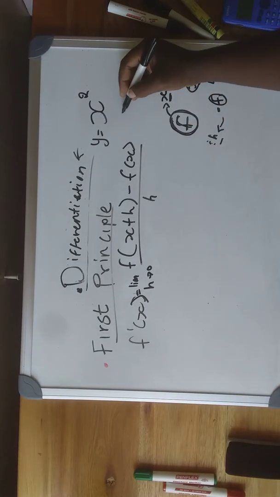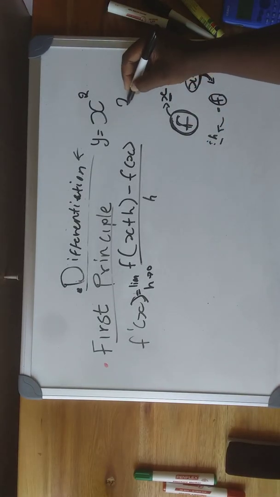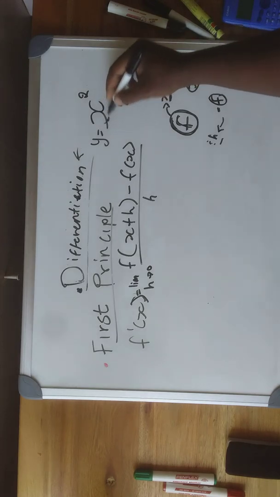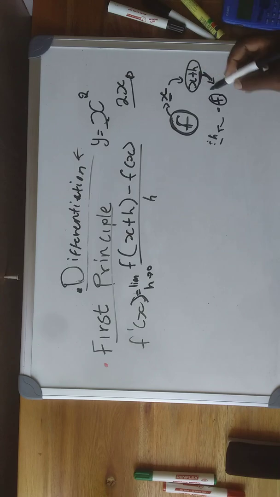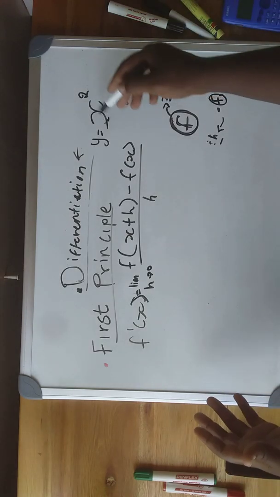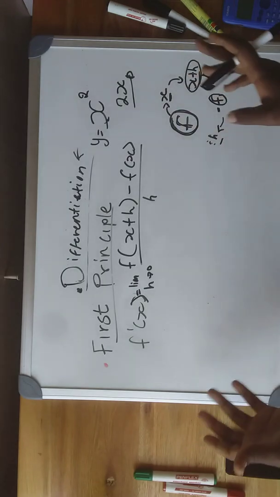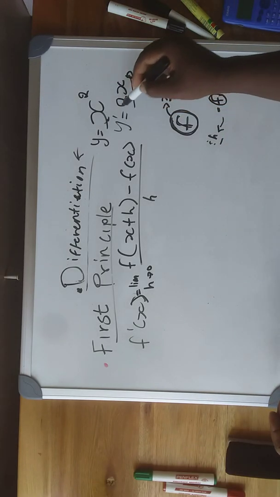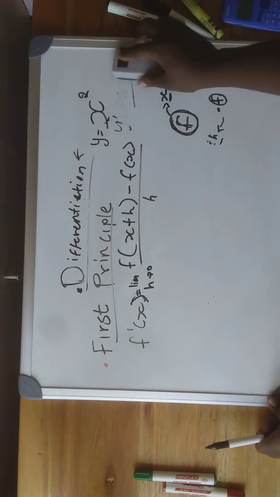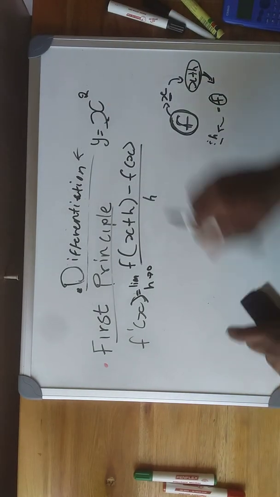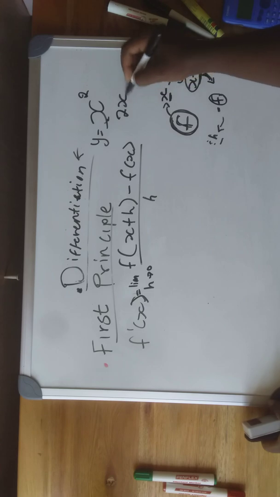Since the base is x, 2 minus 1 is 1, and 2 multiplied by 1 is 2. Then this is the differentiation of y. So we know that the final answer should be 2x.